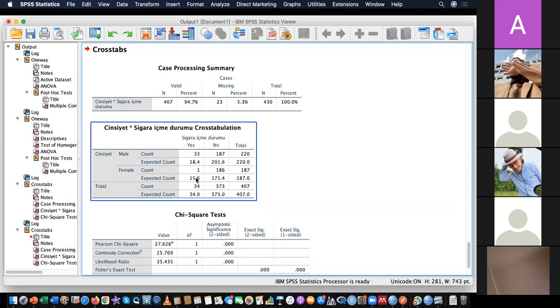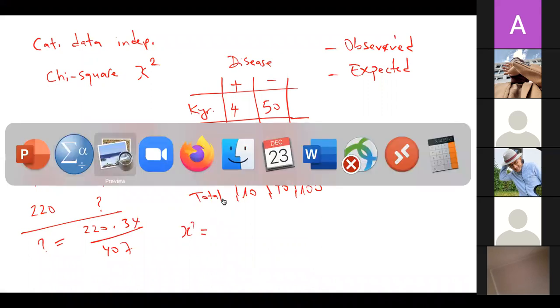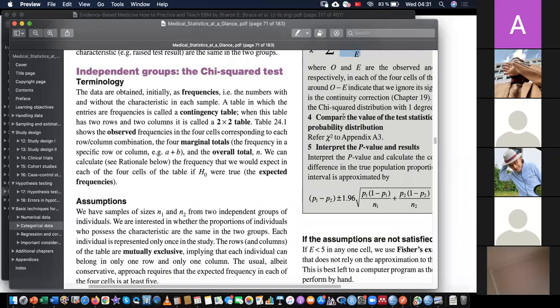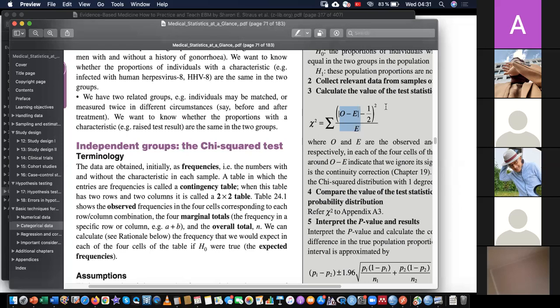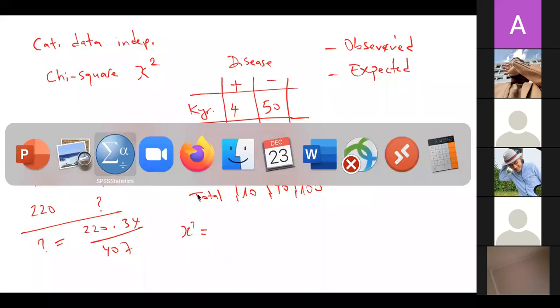So the chi-square would be equal to, you remember the formula? Observed minus expected, squared, divided by expected. So let us calculate it.